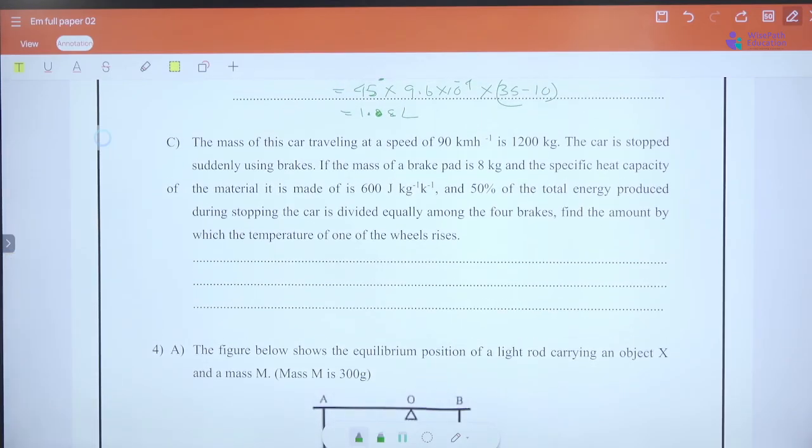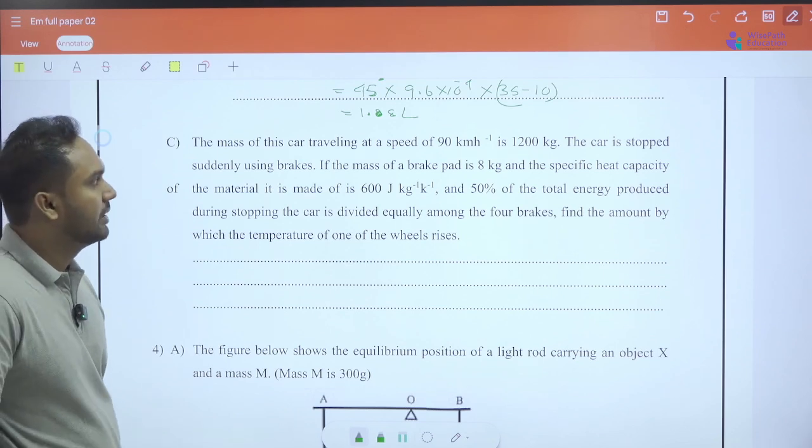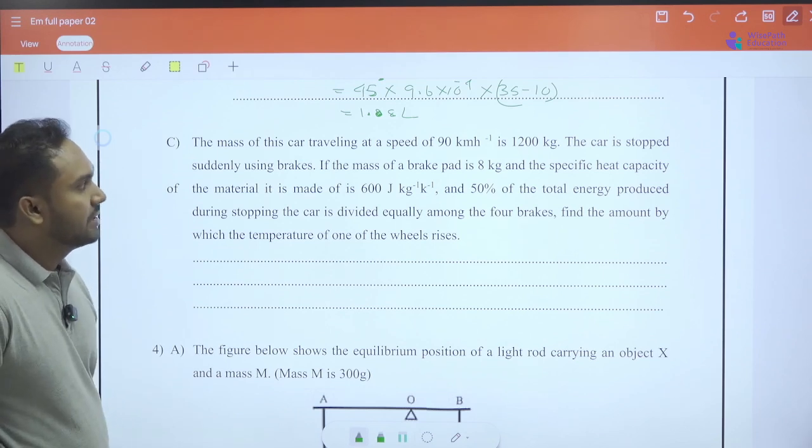Now the car is traveling at a speed of 90 kilometers per hour, and the weight is given.